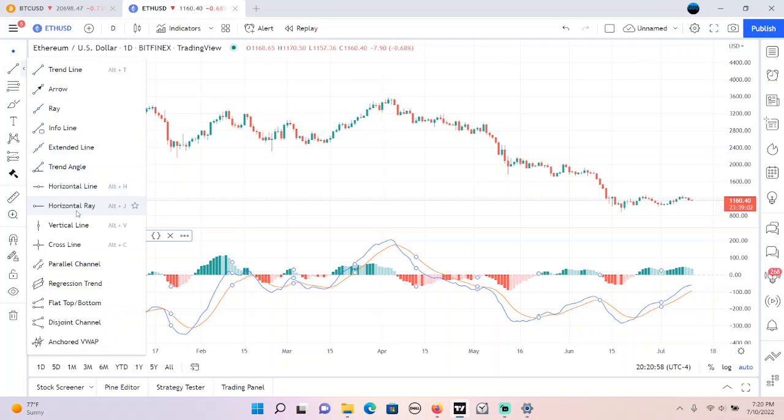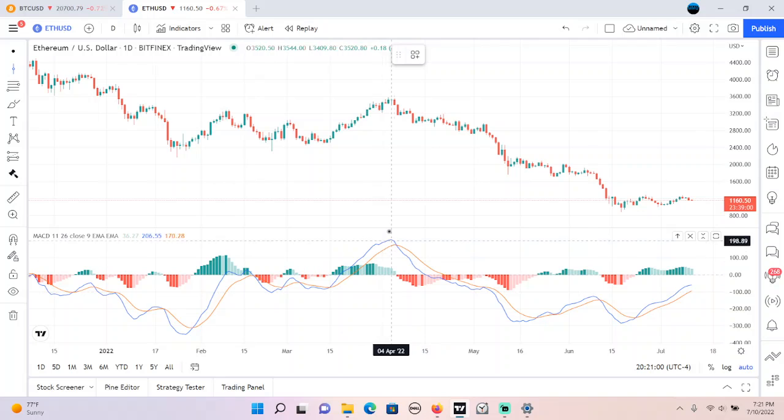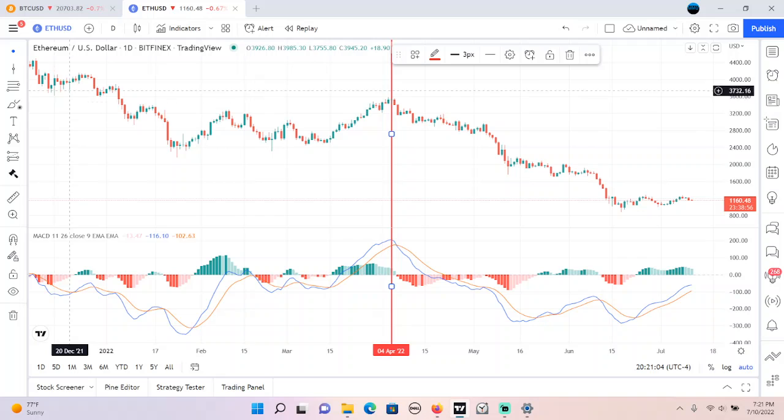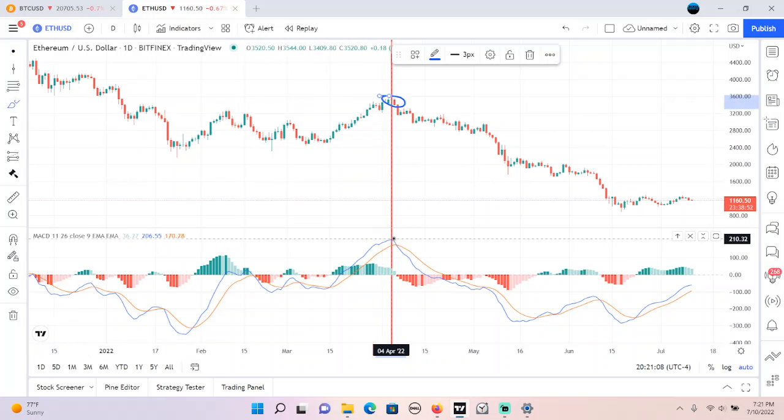So we can back test this. Let's look at our vertical line. Here we see we peaked. So we saw a top there, and the indicators showed the top there. But we started dropping and you see we started red here.